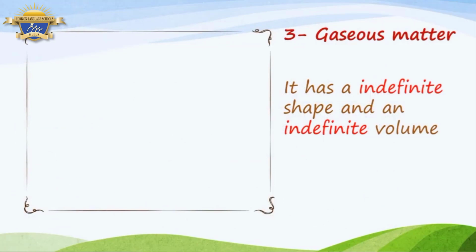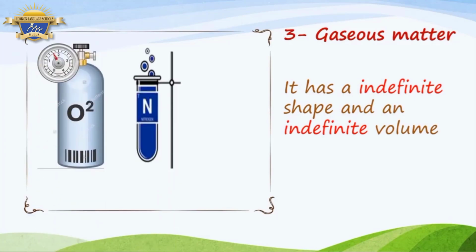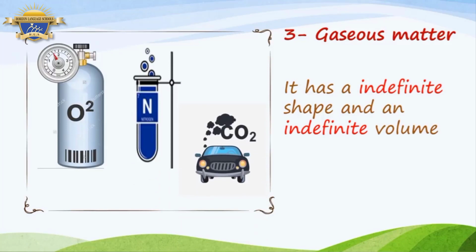Number 3, gaseous matter. Gaseous matter has an indefinite shape and an indefinite volume. Examples: oxygen gas, nitrogen gas, and carbon dioxide. Can anyone tell me another example? The air around you is a gaseous matter, right?